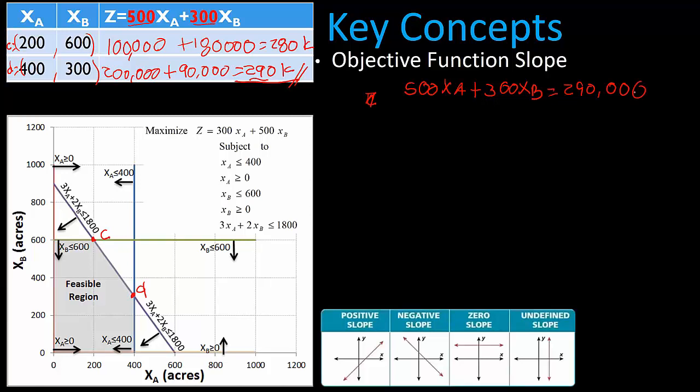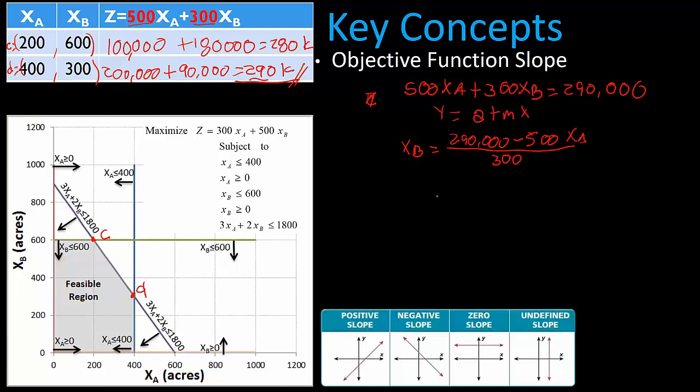So again, if I want to put this in the form of y equals a plus mx, in this case it will be xb equals 290 minus 500xa, all of it divided by 300.